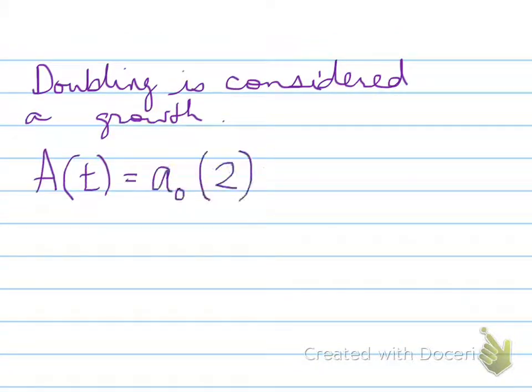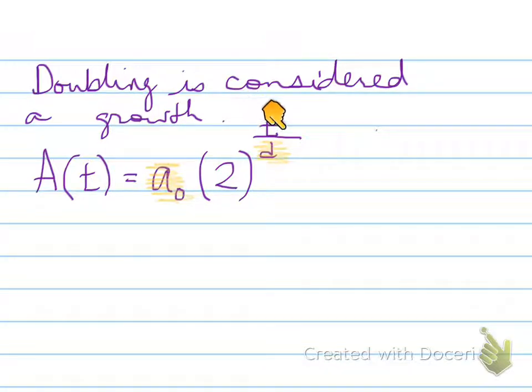All right, now, a couple of other things that are important. Doubling is considered a growth. So if you double something, let me explain this function to you. In science, they like to use A0 to say the beginning. Doubling, the base is 2 always, and then the equation will have these two here. Now let's talk about the bottom, the denominator of the exponent, and the beginning number will always have numbers there. There will not be just letters.